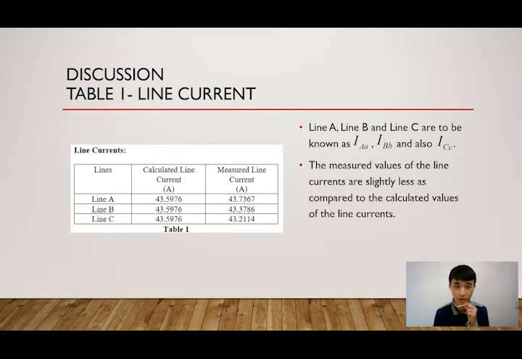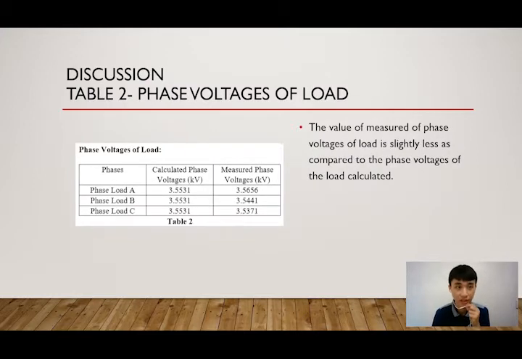For line B it is 43.3786 ampere, and for line C the value is 43.2114 ampere. So the measured values of the line current are slightly different as compared to the calculated value of the line current.